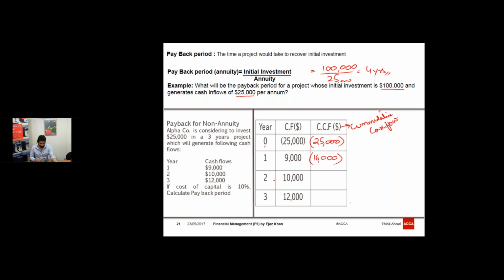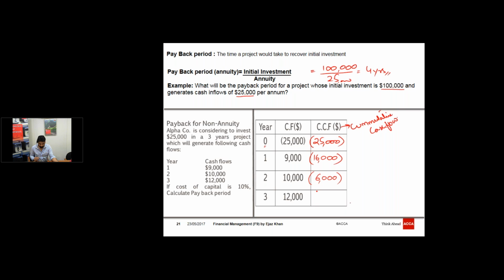At the end of the second year, we will receive a further $10,000. Since we have $16,000 still invested in the project, and we have recovered a further $10,000, we will be left with $6,000 investment.